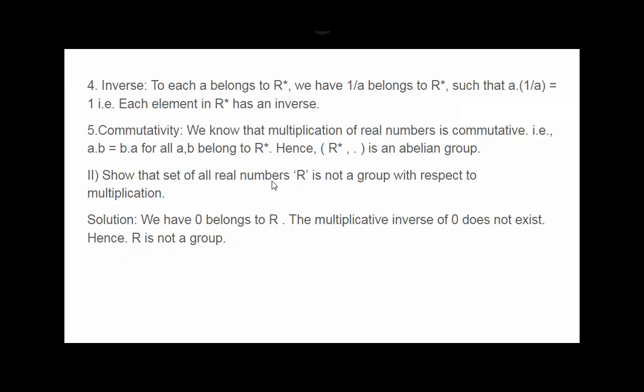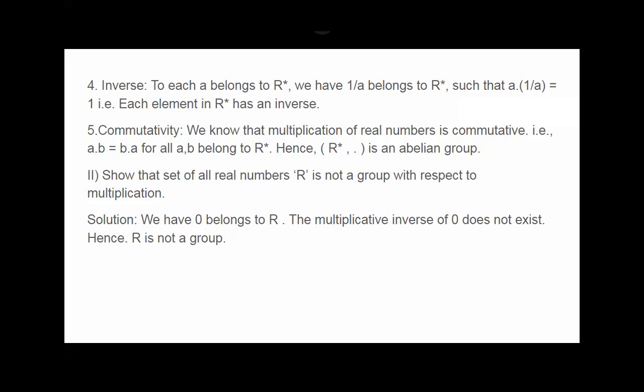Then what is the solution? We have 0 belongs to R. As I said, R star is the non-zero real numbers, but in the real number set R, 0 is there. So which property gets disturbed if 0 is there?